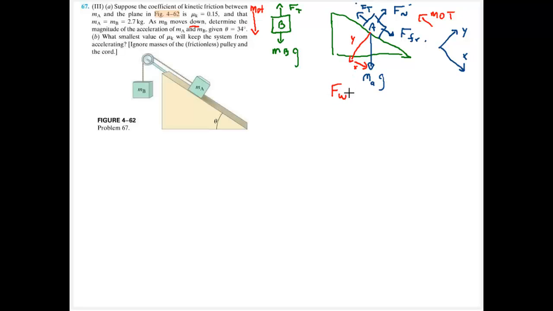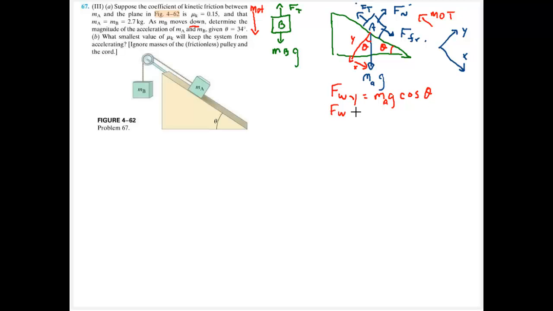The force of the weight in the y direction is going to be the mass of A multiplied by gravity. We know that that angle must be equal to that angle, so that's going to be the mass of A times gravity times the cosine of that angle.